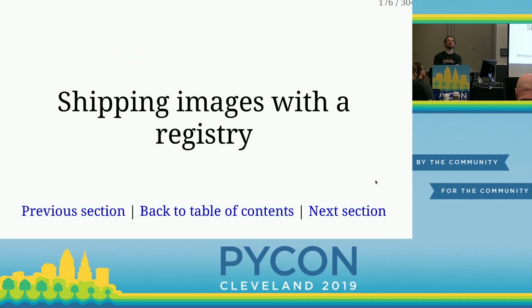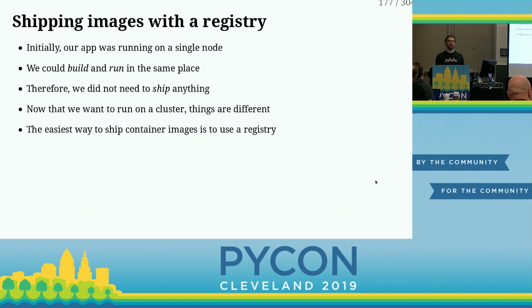Okay, so now we want to run Docker coins on the cluster. For that, we will need to ship images. Why do we need to ship images? Maybe you've heard the Docker tagline, build, ship, and run any app anywhere. Early this morning, we did build and run, like we built container images and we ran them.